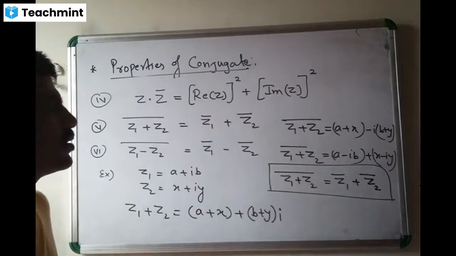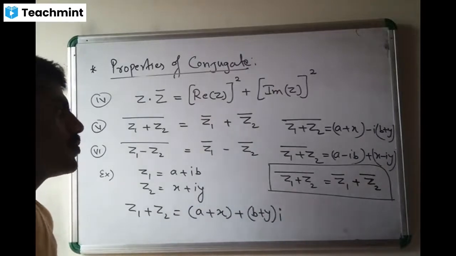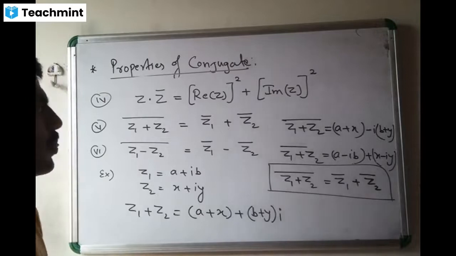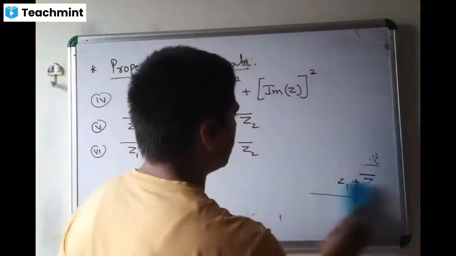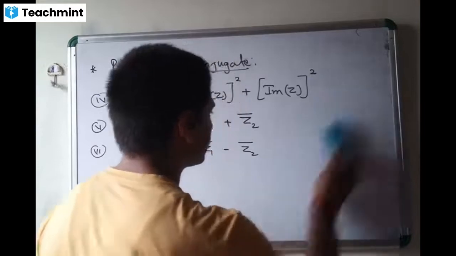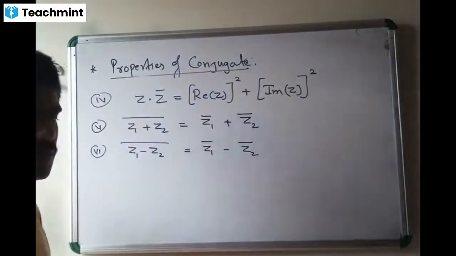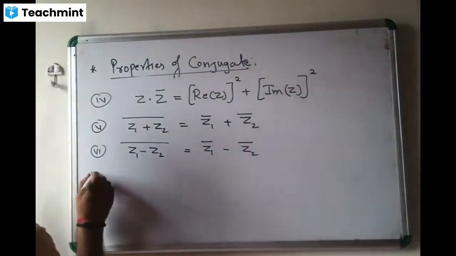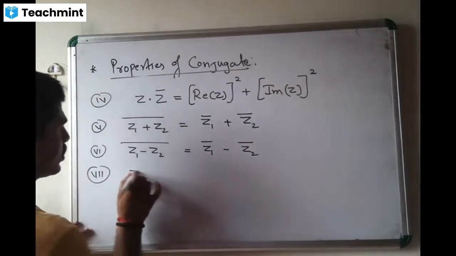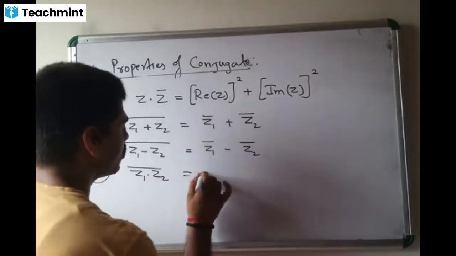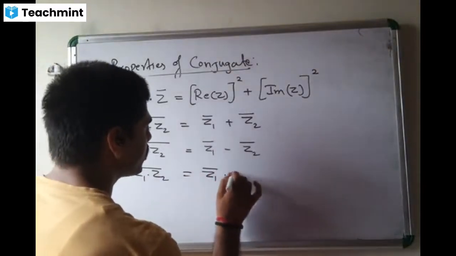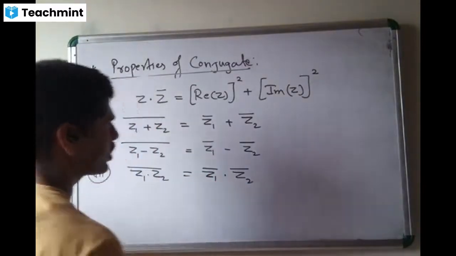Isn't it? Okay. So now see the next property, product. The conjugate of Z1 into Z2 is equal to Z1 bar into Z2 bar, isn't it?